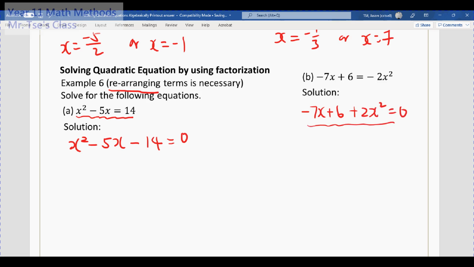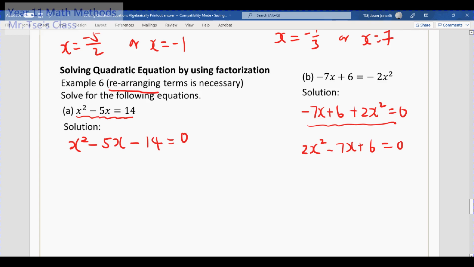But even that one is not yet ready for you to do factorization. You have to rearrange the order of the terms. The first term must be the term of x squared. So it's 2x squared minus 7x plus 6 equals 0. So you see, in both cases, you rearrange the terms, then you know how to solve it.